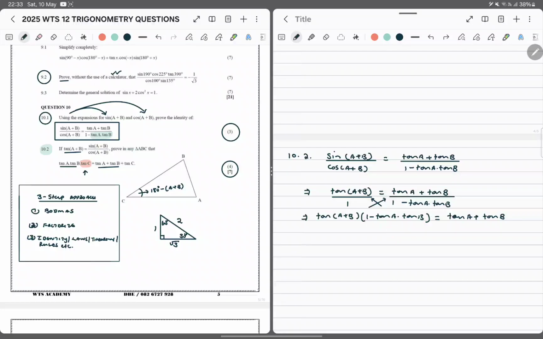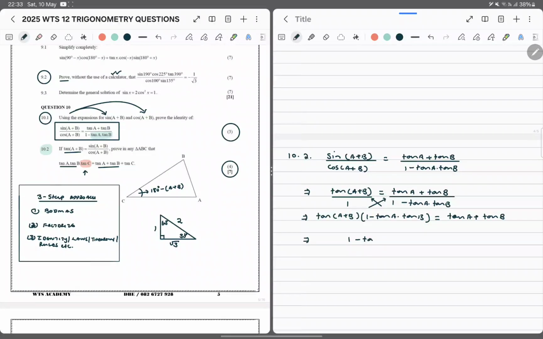But hey, let's just keep going. Part of me is wanting to say certain things that I'm not supposed to say. Okay, let's just divide by tan of A plus B.